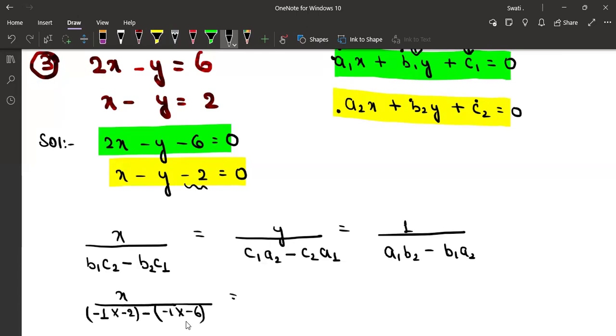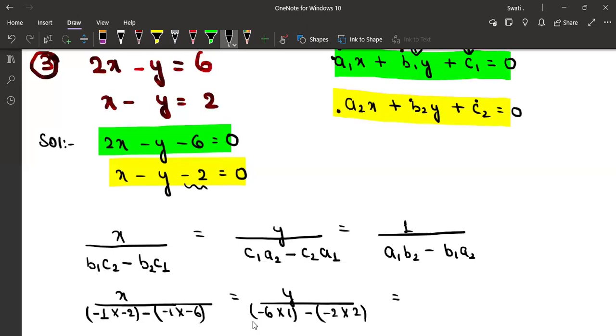Equals. Now you can increase your speed a little bit because you have understood how to compare. Minus 6, correct. A2 is 1, very good. Minus. C2 is minus 2, in brackets, -2. I hope, Manya, you understand how to put the brackets, no doubt in that. Into 2. A1 is 2, correct.